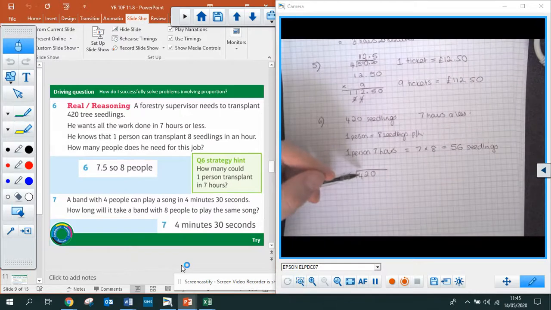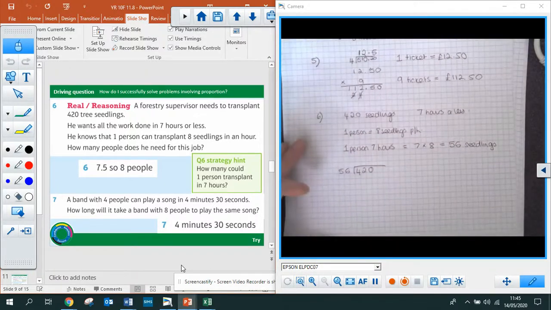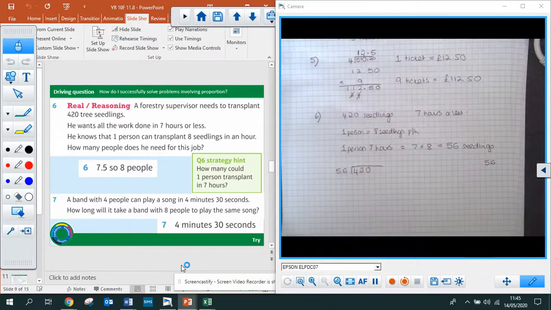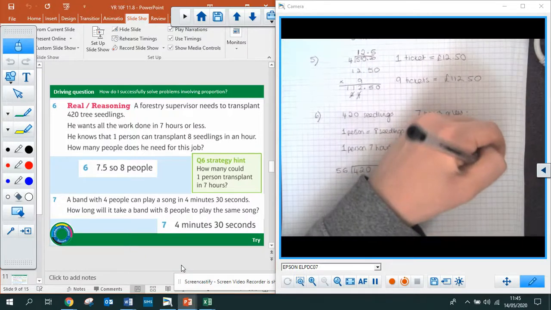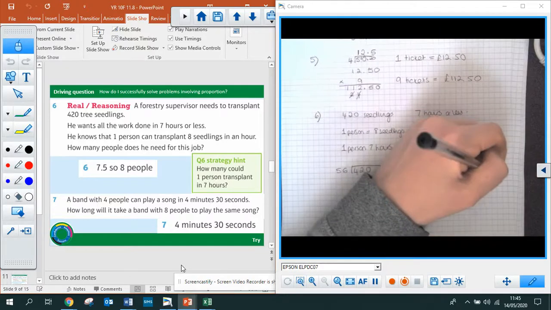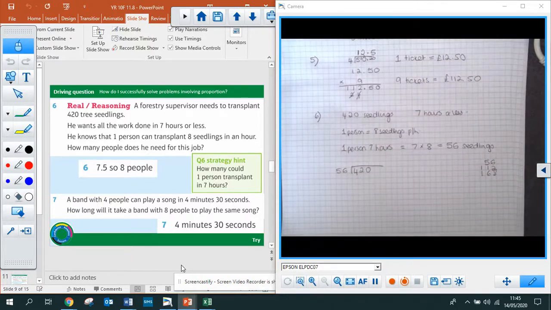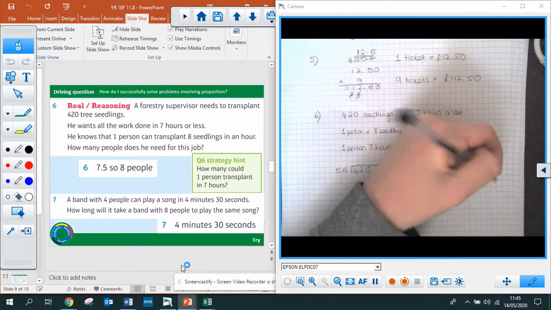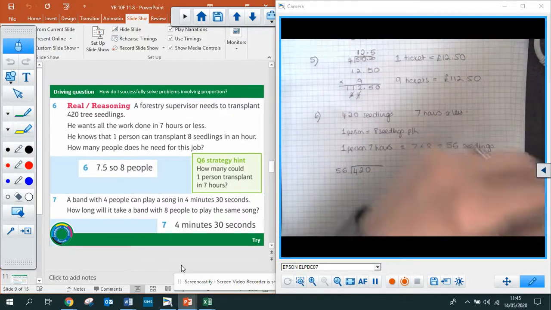420 divided by 56 is quite a hard calculation to do, even using the bus stop method. So a method that you might find easier is to just keep adding them together at the side. So 56 plus 56 is 112, plus 56 is 168, plus 56 is 224, plus 56 is 280.